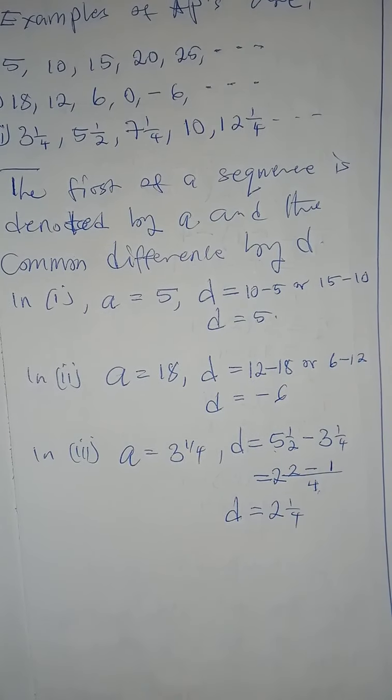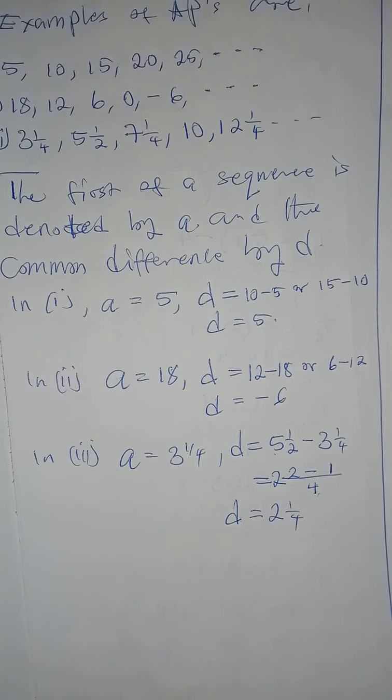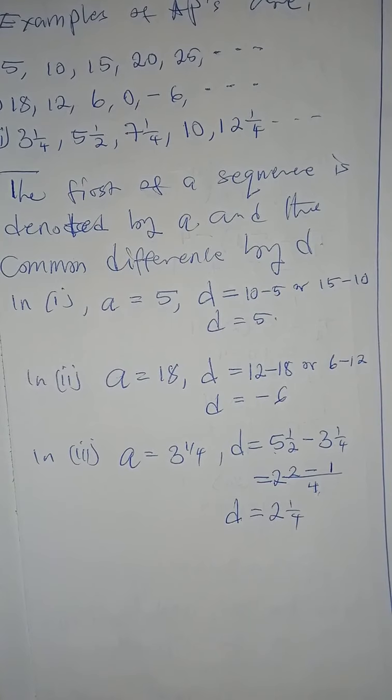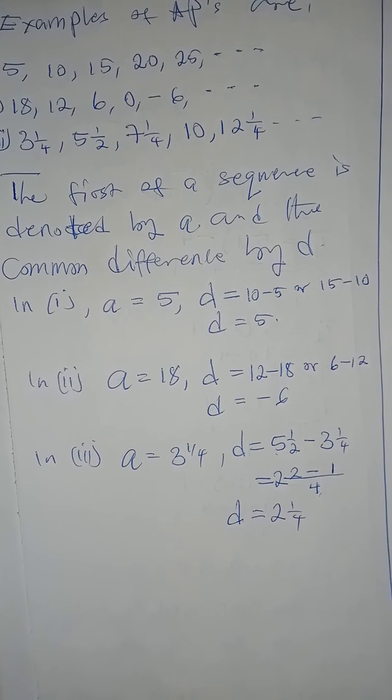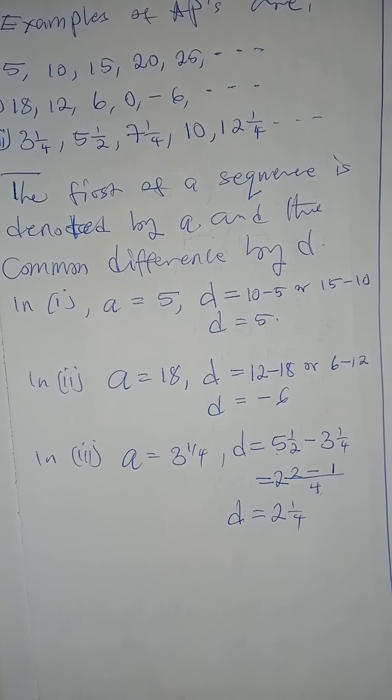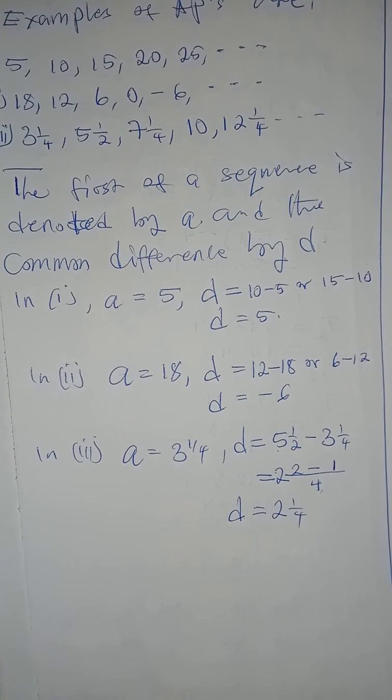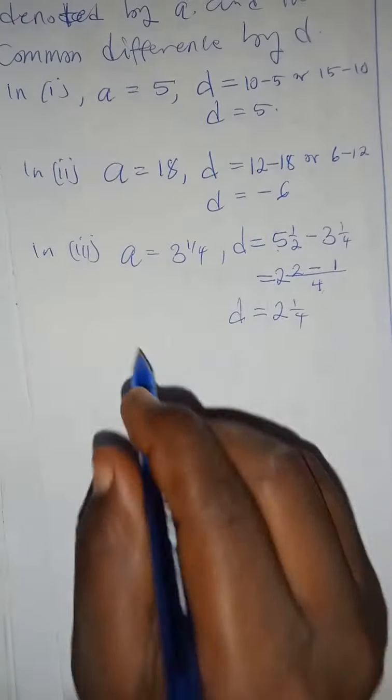Okay, the next item is to be able to find terms in an AP. For any AP, how do we get the terms? The nth term of an AP is the next thing.